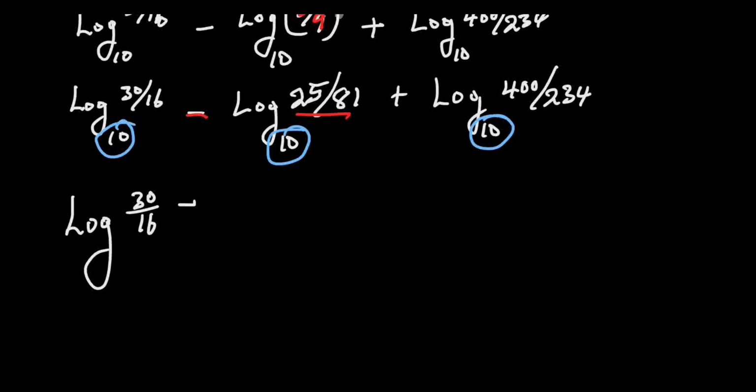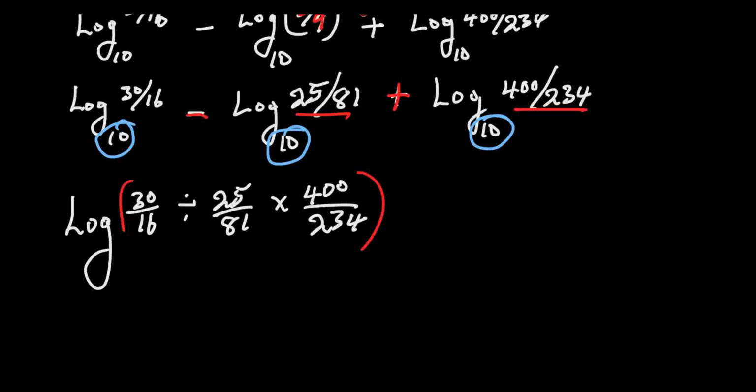So divided, because it's a fraction, so I'm using a division sign, 25 over 81. And because of this positive sign over here, we have to multiply by this. So times 400 over 234. So we can simply put this in parentheses, and it's to base 10.